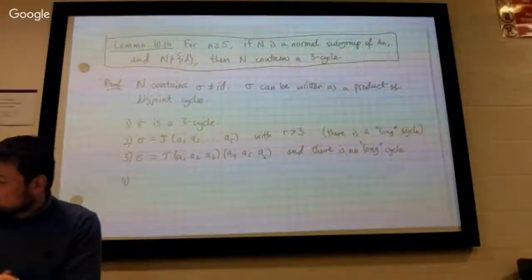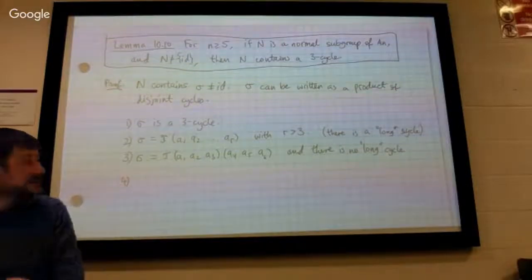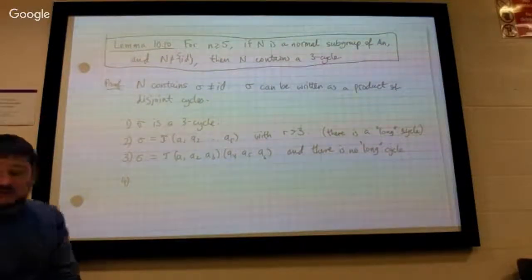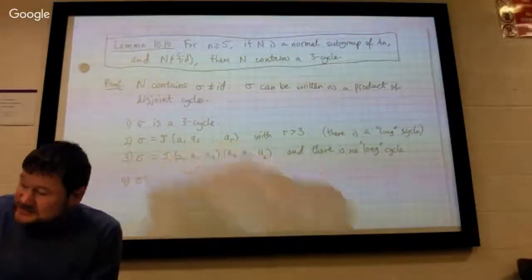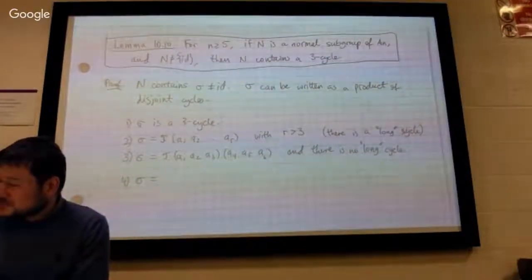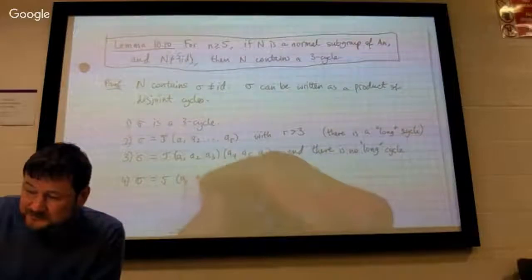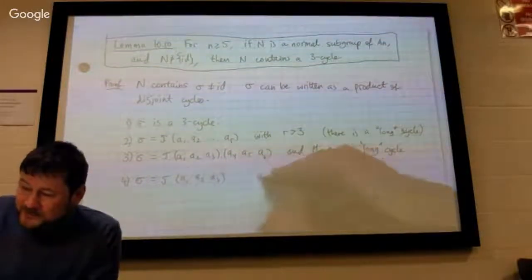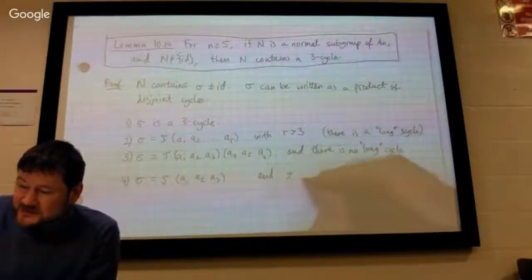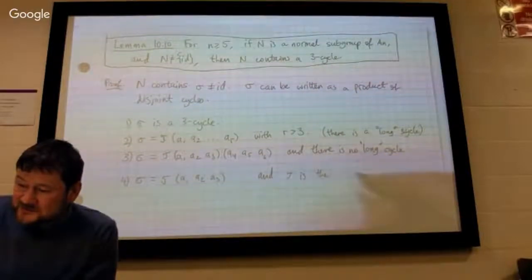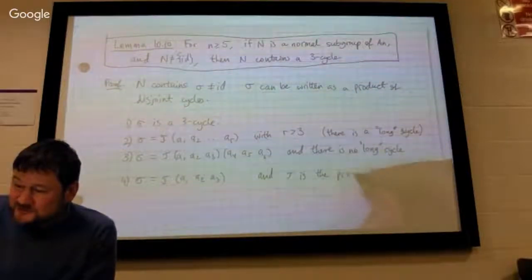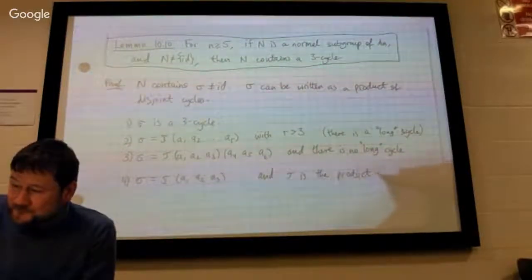And the fourth option is that you don't have at least 2 free cycles, and in that case, you can have 1, but then tau is the product of disjoint 2-cycles.